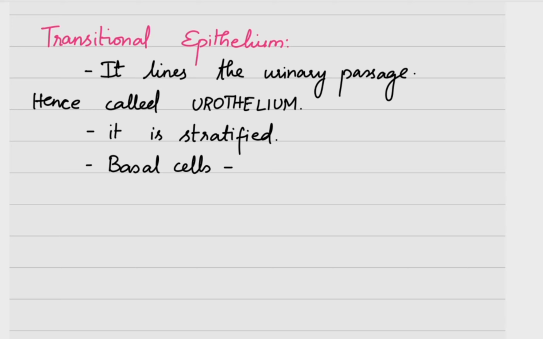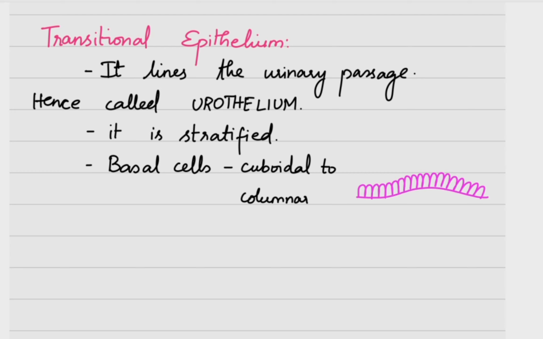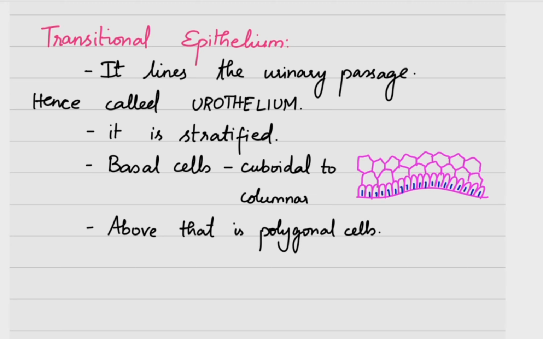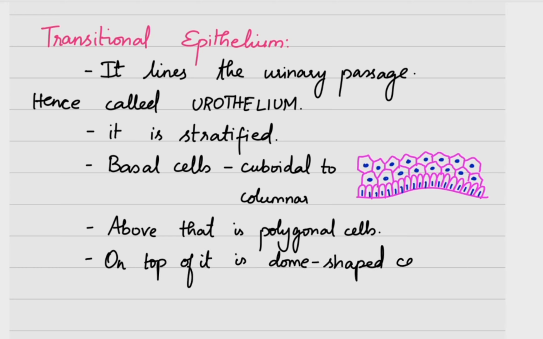The basal cells are made up of cuboidal to columnar cells. So this is the basal layer made up of cuboidal to columnar. Above that, it is made up of polygonal cells. It is present in 2 to 3 layers. On top of these polygonal cells, we have dome-shaped cells.